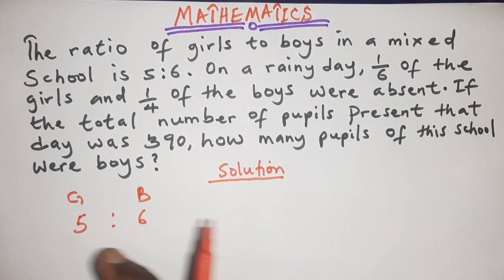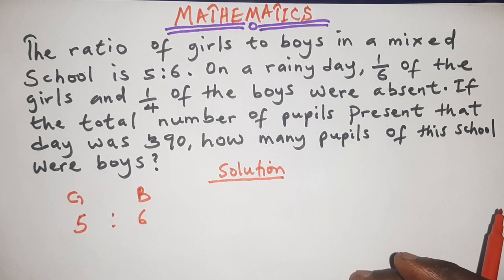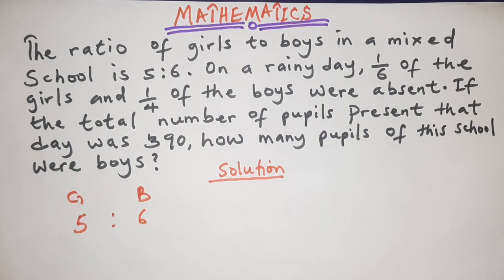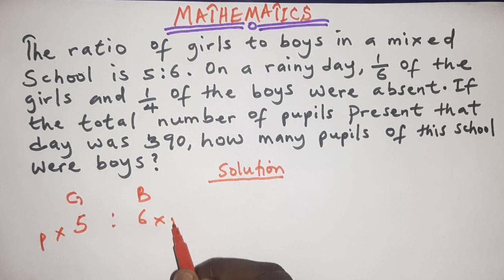To represent the number of girls and boys algebraically, because I can't give you an exact value now, I will multiply the ratio of the girls and the boys by the same factor. That's how ratio is done. So times p, and this one times p, the same factor.